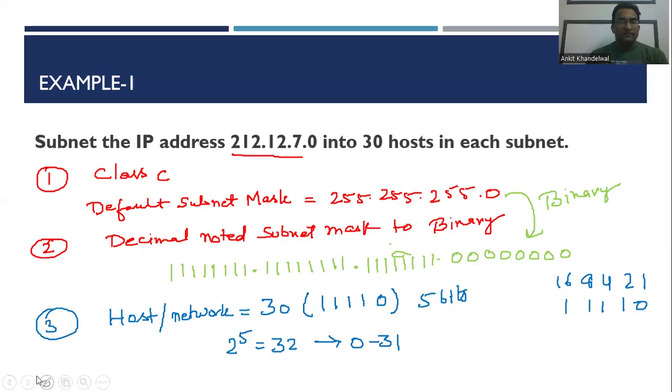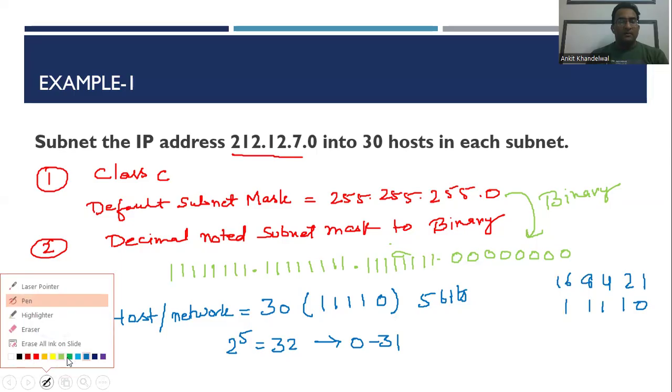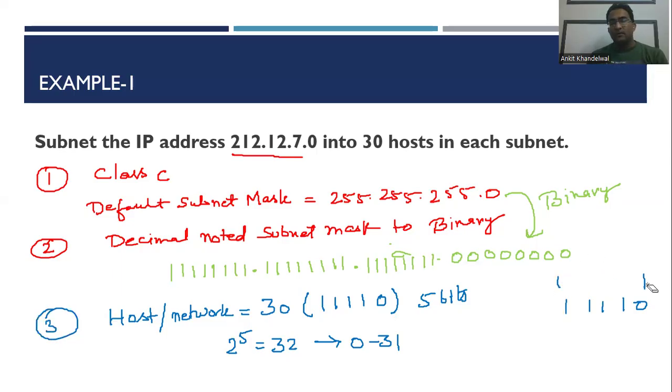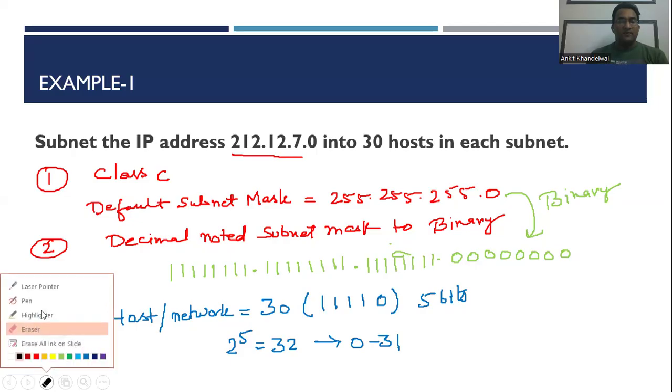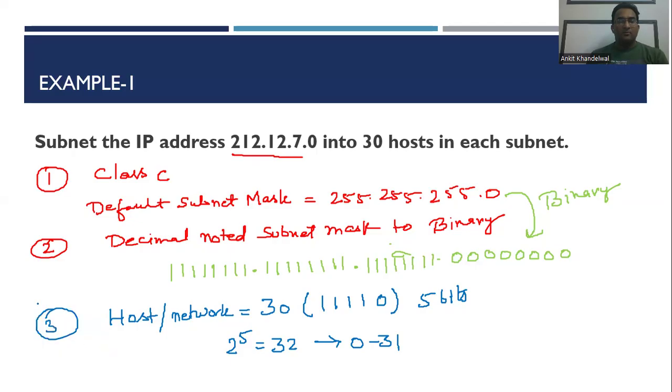Now what we will do, we will have to calculate the value of the subnet generator. Okay. We have to calculate the value of the subnet generator. So how do we calculate it? First of all, note down that these are the 5 bits.